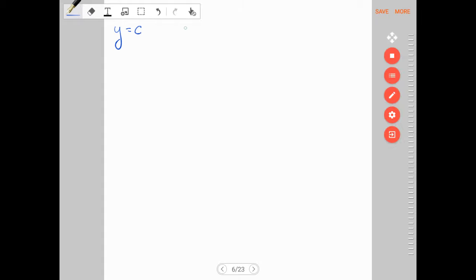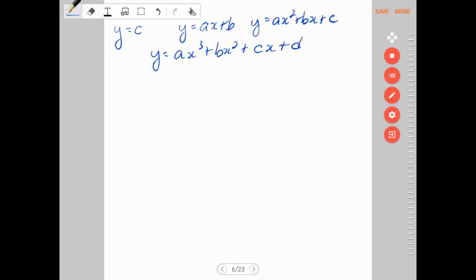Y equals c, y equals ax plus b, y equals ax squared plus bx plus c, and lastly y equals ax cubed plus bx squared plus cx plus d. Now you don't necessarily have to have a's, b's, and c's for all of those things.